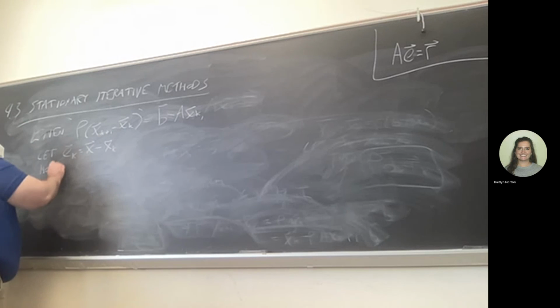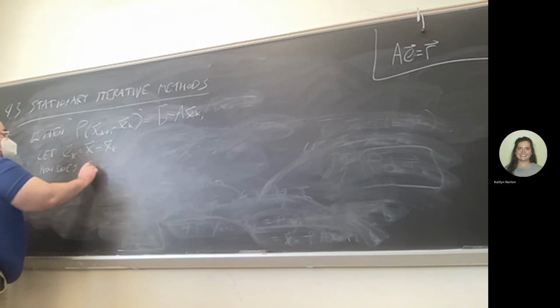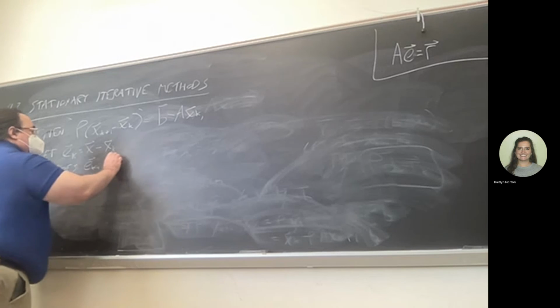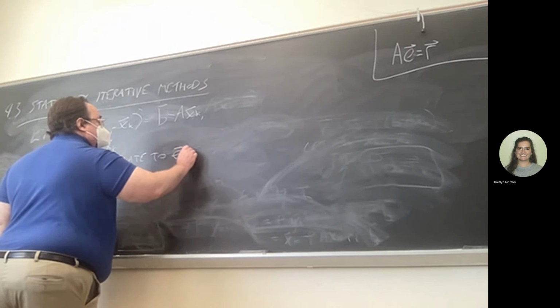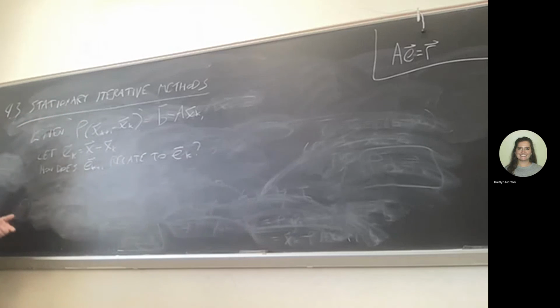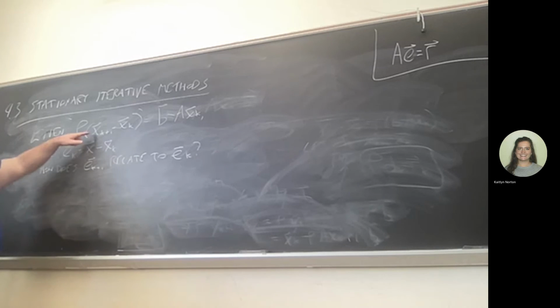So how does ek+1 relate to ek? Because if I can show that there's some relationship between the two where ek+1 is definitely going to be smaller than ek, then I'll have convergence. Because I can say as k goes to infinity, the error is definitely getting smaller, it's going to go to 0. So now we have to return to this and see how to do that.